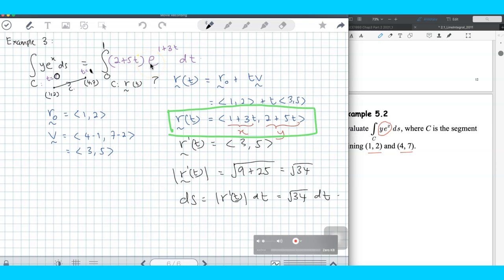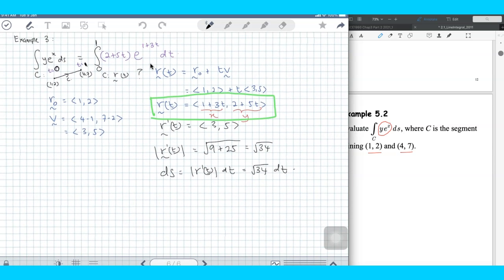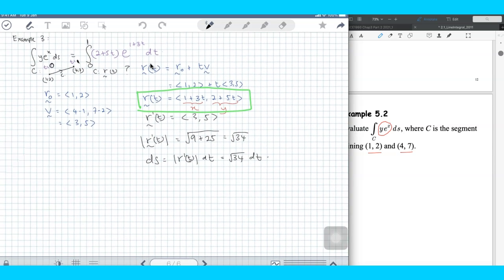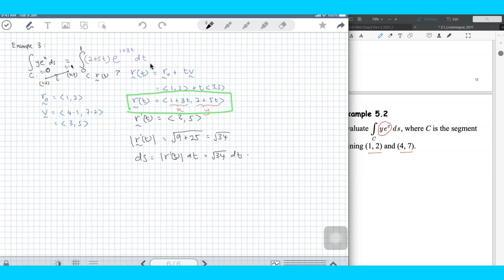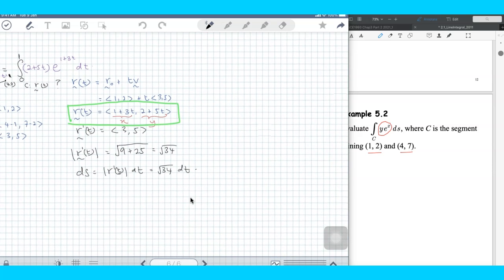It looks like you can use the tabular method, right? What is the tabular method? The tabular method is the generalized form of integration by parts.